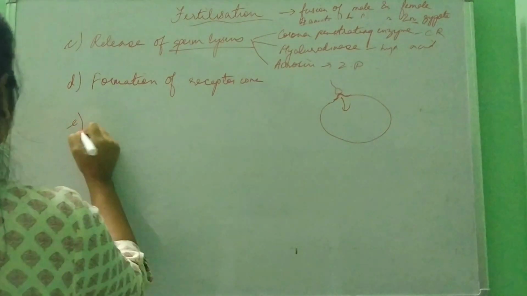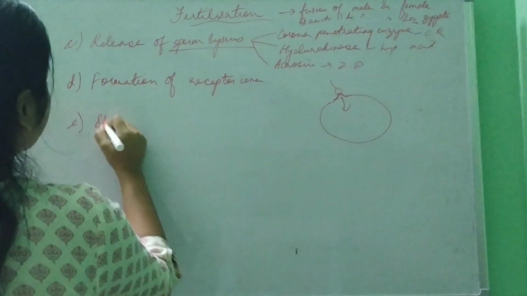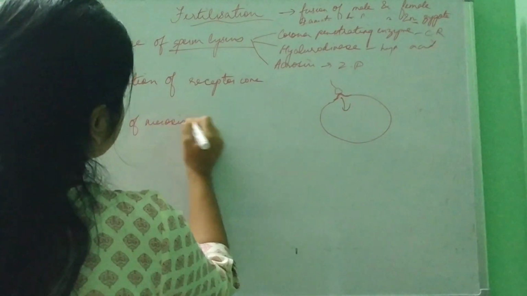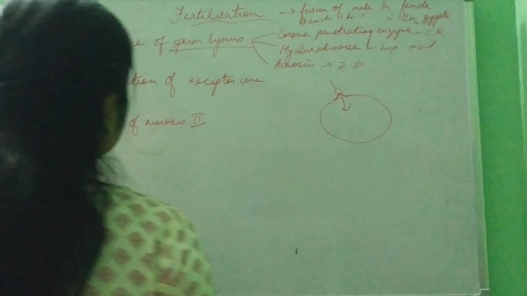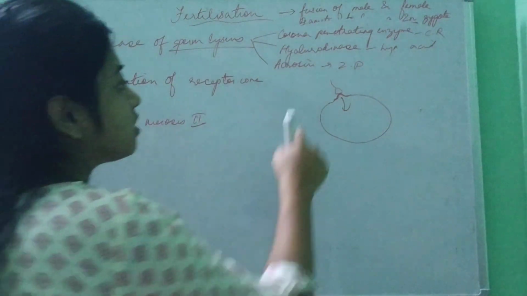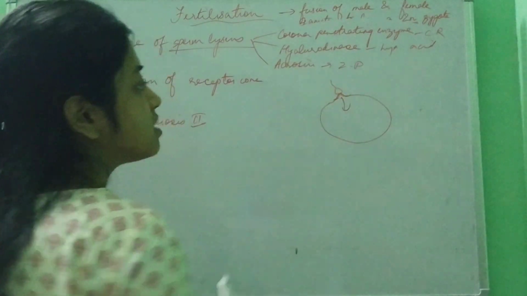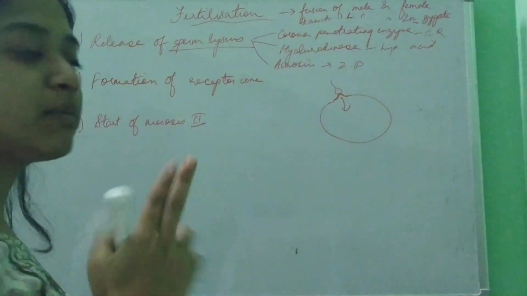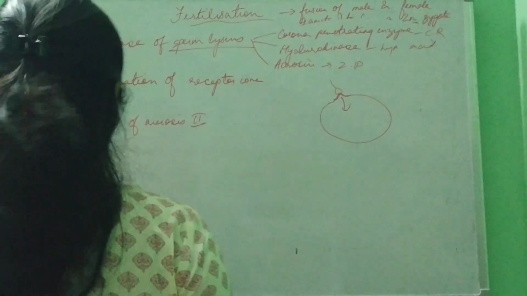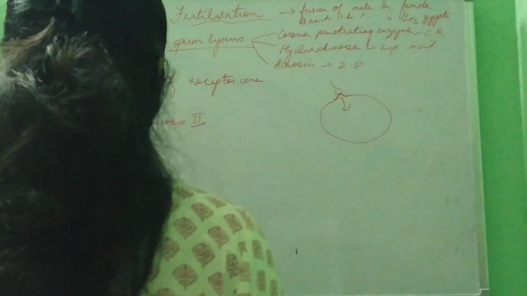After this, the next step is the start of meiosis 2. Remember when we studied oogenesis, I told you meiosis 2 gets started only when the sperm comes in touch with the egg membrane. As soon as the sperm comes in touch with the egg membrane, meiosis 2 will start.